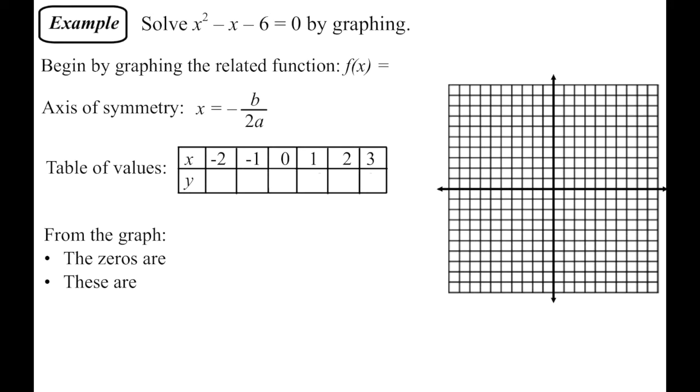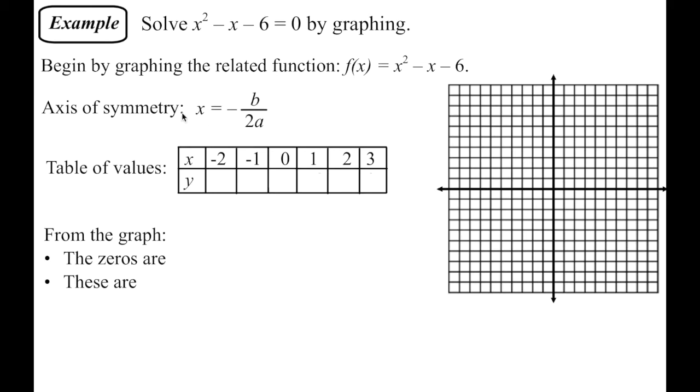So here's an example, and it says solve this quadratic equation by graphing. When we're solving this equation, we're trying to find values of x that make this equation true. First of all, we're going to write this as a function in function notation, and then from there we're going to try to find our axis of symmetry.